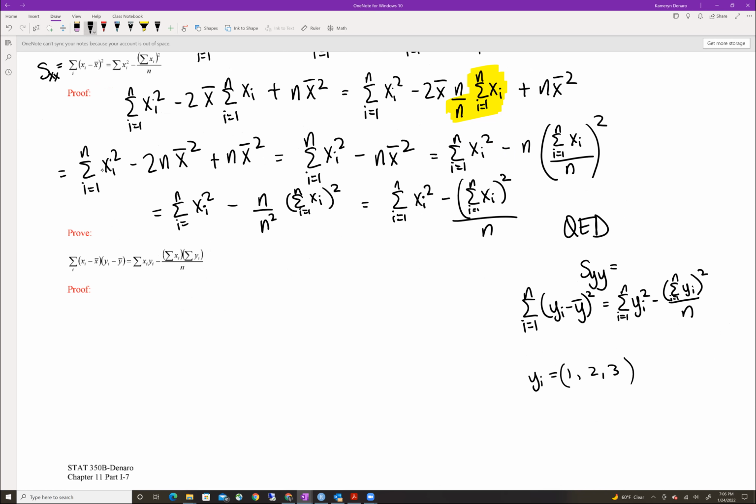Just do a quick spot check so you know that the summation of 1 squared plus 2 squared plus 3 squared, right? That would be our summation of the yi squareds. That's different than the summation of the yi's squared, which would be 1 plus 2 plus 3, squared. So just go ahead and check so you know the difference in notation.